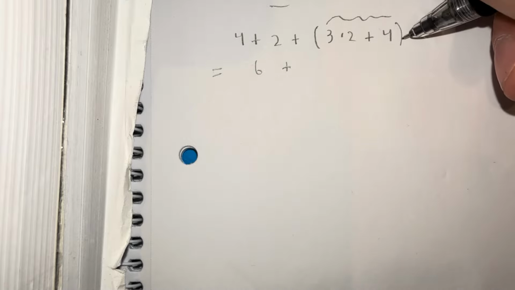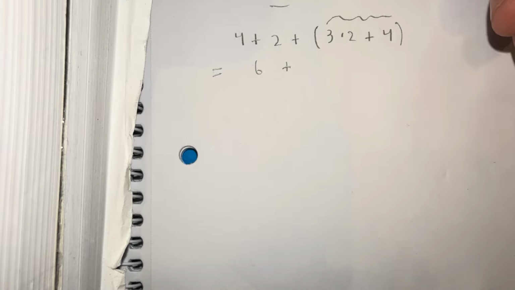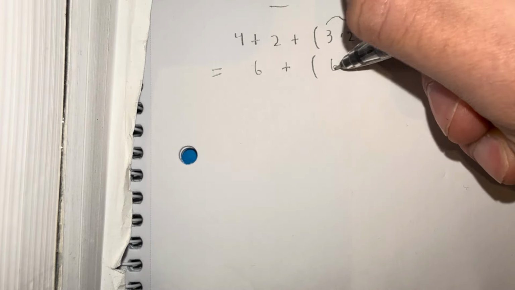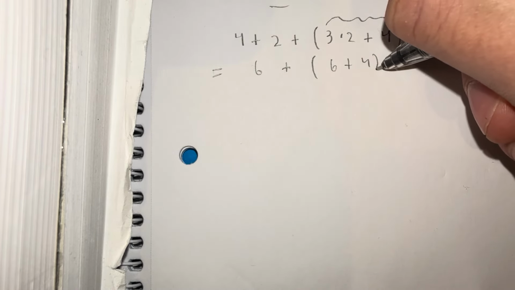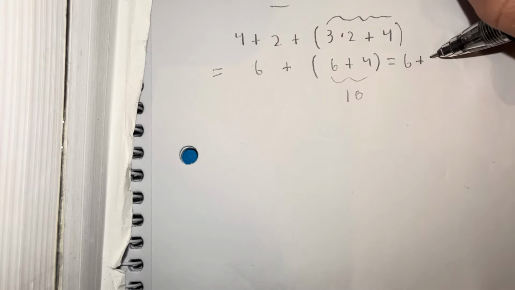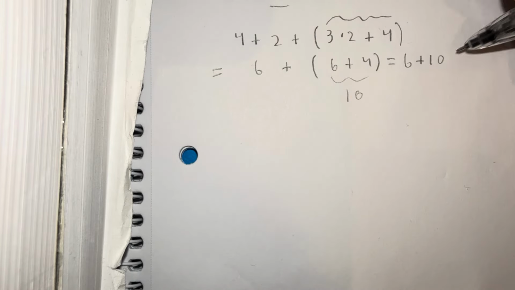But observe the parentheses. In this case, the parentheses doesn't have any effect, but there are many cases in which the parentheses have an important effect, and we'll come to those later. But for now, let's just solve inside the parentheses first. So 6 plus 4, 6 plus, this is 10. Now we'll remove the parentheses, which is 16.